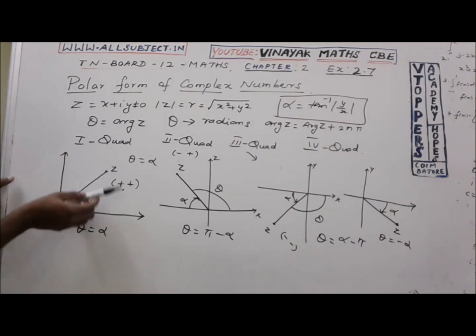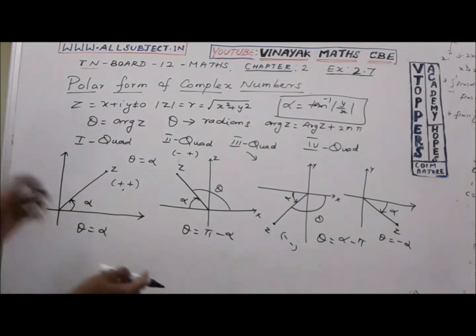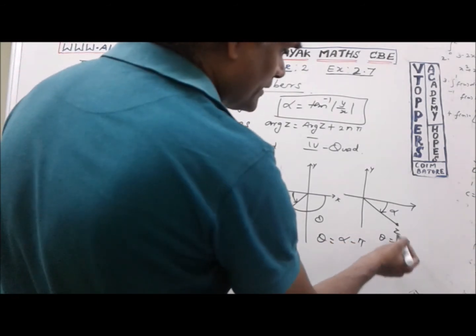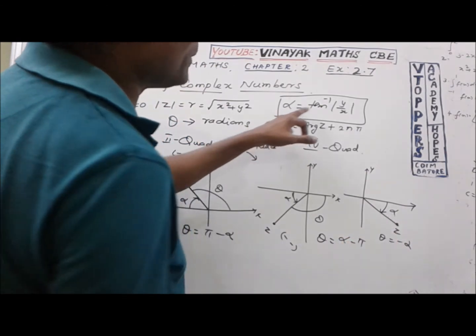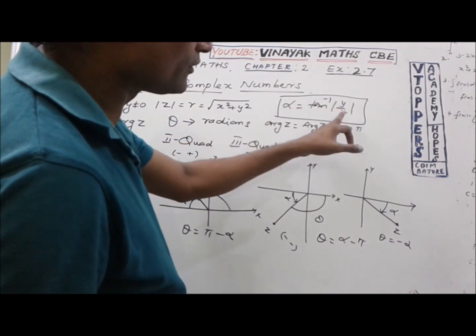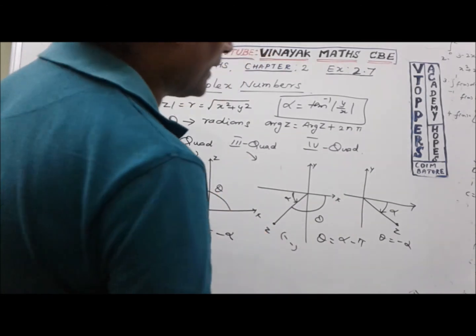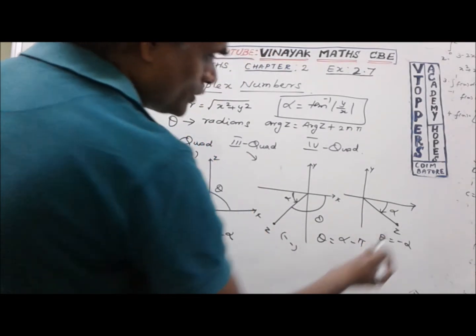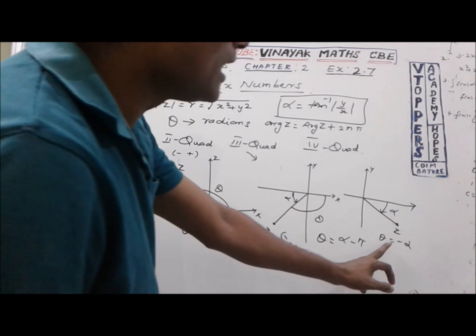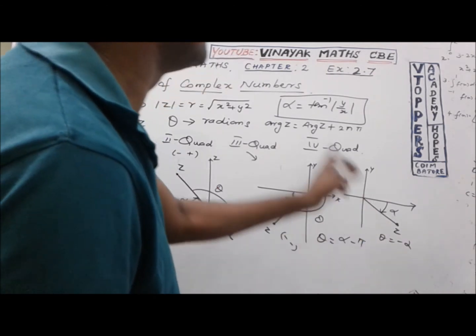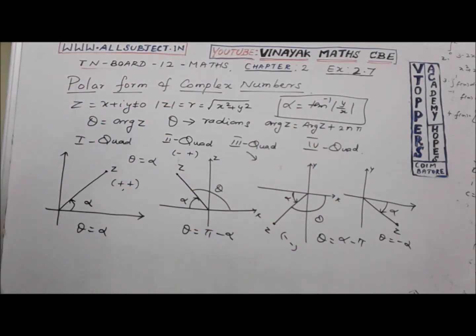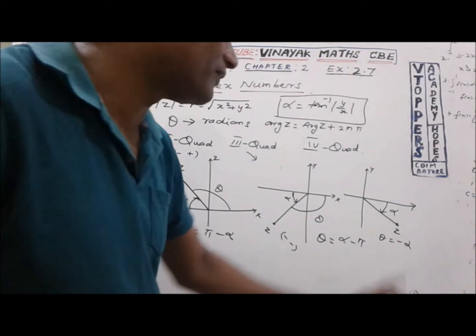So here is theta, here is minus theta. We find alpha by the formula tan inverse of modulus of y by x. After calculating alpha, just changing its sign, if the complex number lies in the fourth quadrant, we get its angle theta, that is, argument of z equal to minus alpha.